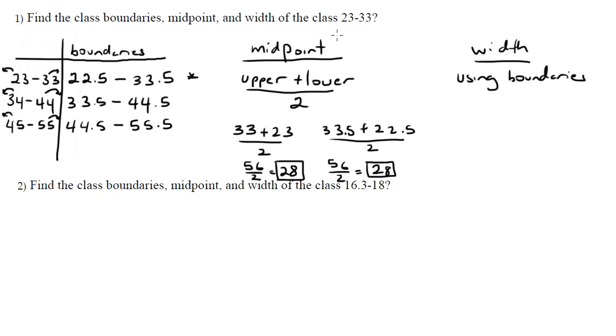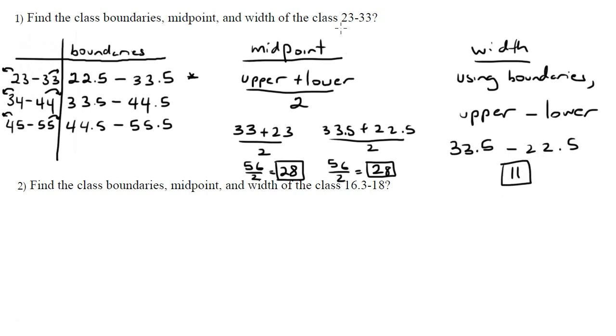If you have more than one interval, there's other ways you can do it, but if I just have this one interval, the best way to do it is using the boundaries. So using the boundaries, I do the upper boundary minus the lower boundary using these values here. So 33.5 is the upper boundary, the larger value, minus the smaller. 33.5 minus 22.5 is 11. That's the width of that interval.